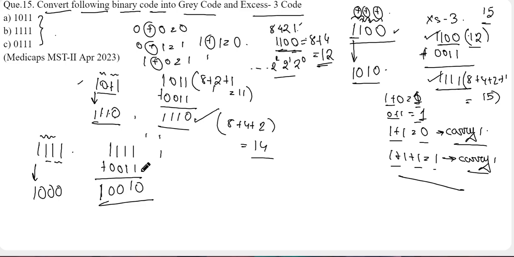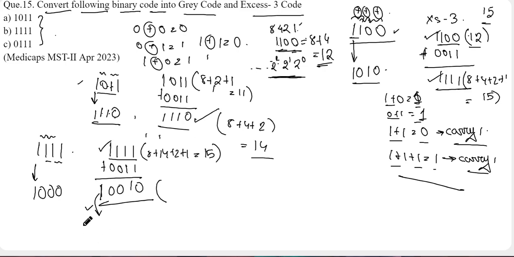Now if we want to verify it, this binary number has a value of 8 plus 4 plus 2 plus 1, which is equal to 15, and for this binary code, we have to notice that this is a 5-bit number and this is a 4-bit number. So for the 5-bit number, as I have said earlier, the positional power increases: 2 to the power 0, 2 to the power 1, 2 to the power 2, 2 to the power 3.